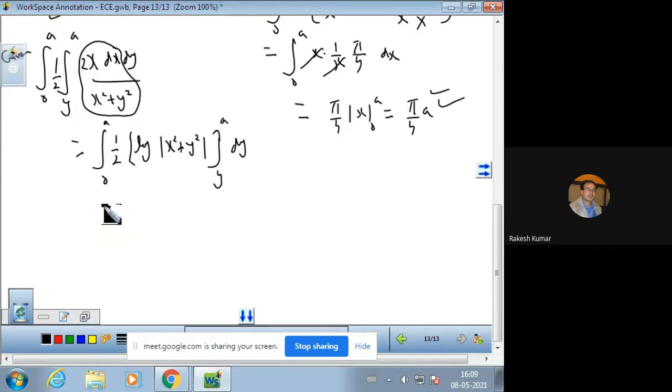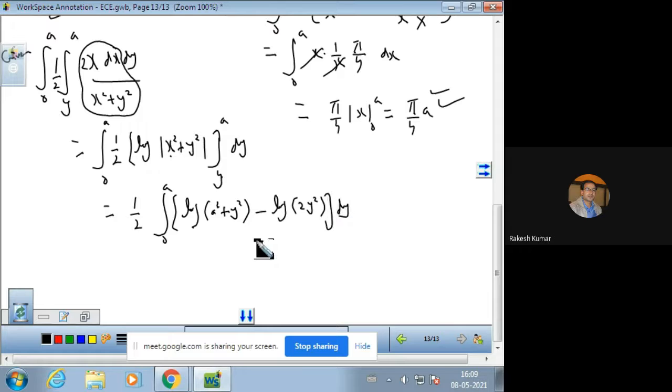Now for upper limit a, you have log of a square plus y square, minus for lower limit y, log of y square plus y square, that is log of 2y square, dy. Now you can apply the formula log m minus log n, which is log m over n. So log of a square plus y square upon 2y square, dy.